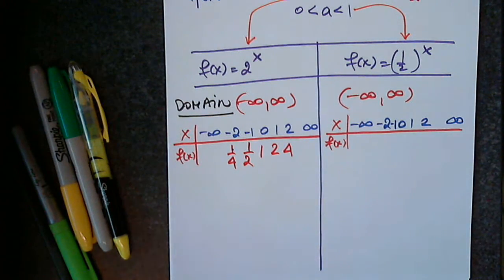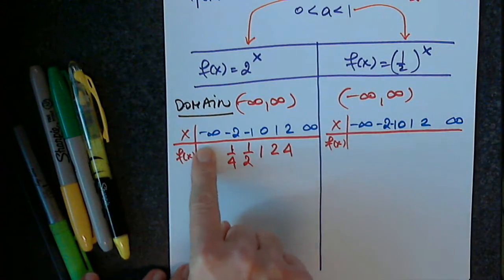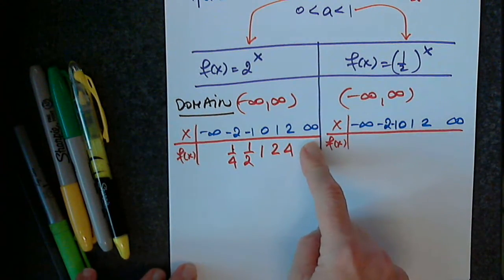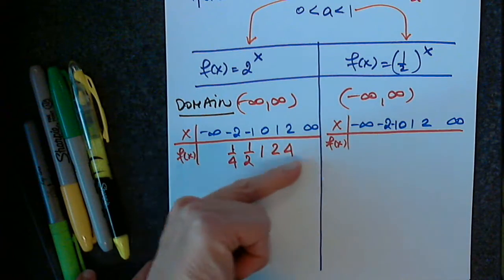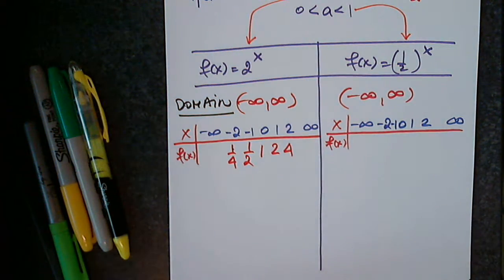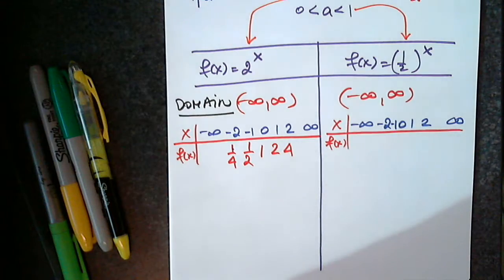Now, I am trying to establish where the function is going. I know x squared comes from positive infinity, drops to 0, and then goes to positive infinity, correct? But I'm trying to establish what is happening here and what is happening here. So bear with me. I'm going this way first. 1/4, 1/2, 1, 2, 4, 8, 16, 32, 64, 128. Where am I going?